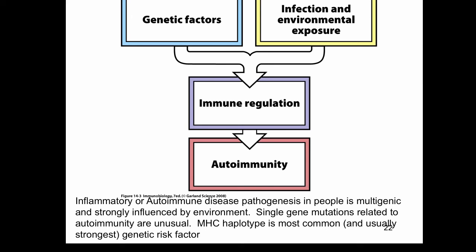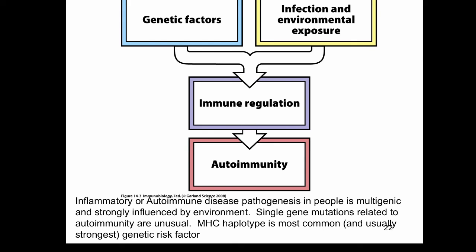Normally, we have a whole variety of immune regulatory responses that we haven't really gone through in this series of lectures that are designed to limit the development of autoimmune diseases. But in susceptible individuals, these mechanisms are overcome and result in autoimmune tissue destruction.